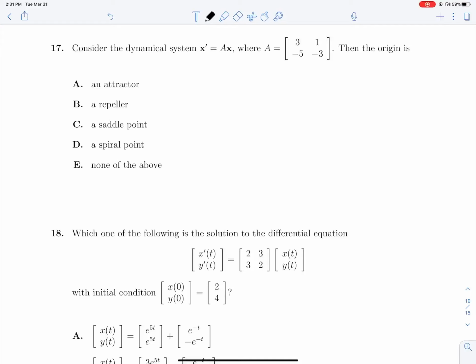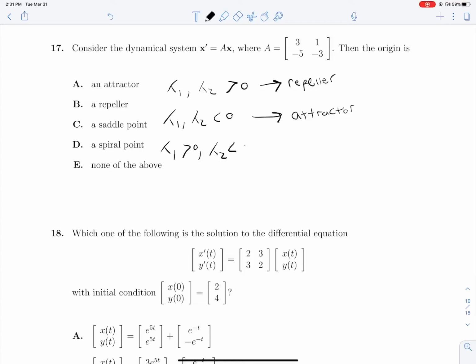What is the origin? Well, if lambda 1 and lambda 2 are greater than 0, the origin is a repeller. If lambda 1 and lambda 2 are less than 0, the origin is an attractor. If lambda 1 is greater than 0, lambda 2 is less than 0, the origin will be a saddle point.